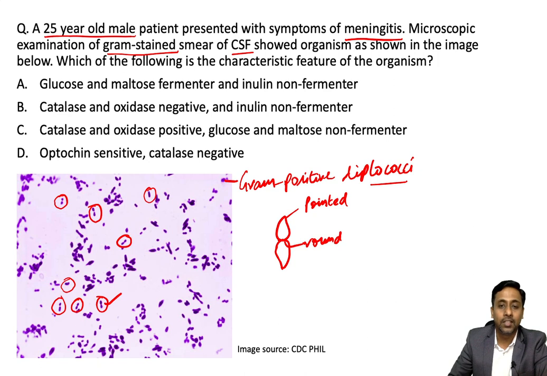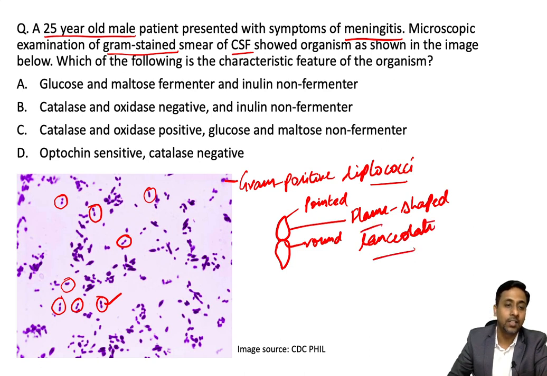So this will give the cocci a shape of flame. So this is flame shaped, or also we can say lens shaped or lanceolate, either flame or lens shape, lanceolate. Okay, so this is a gram positive diplococci arranged in pair and flame shape.